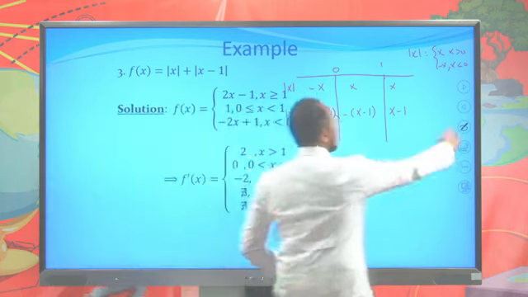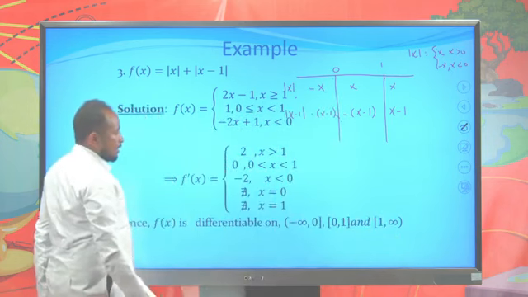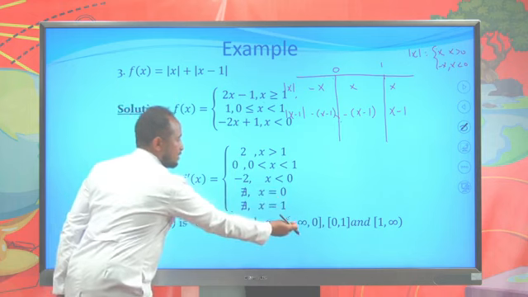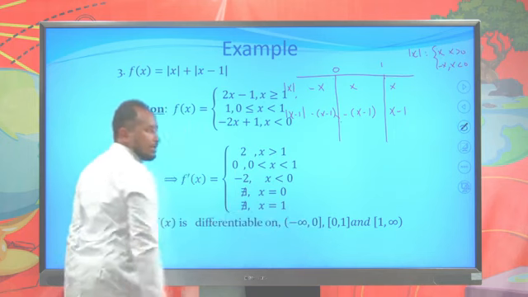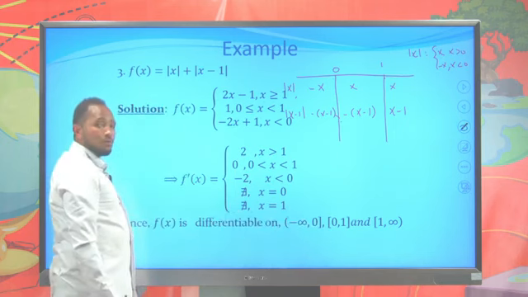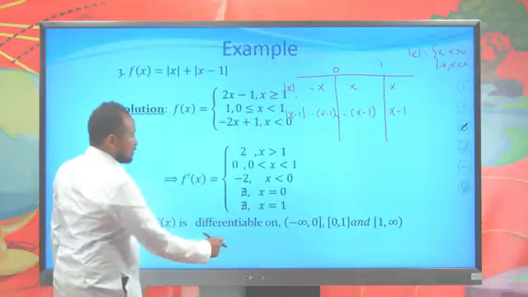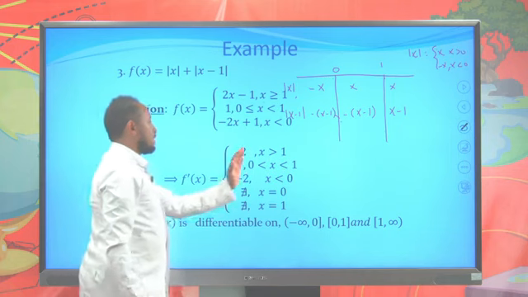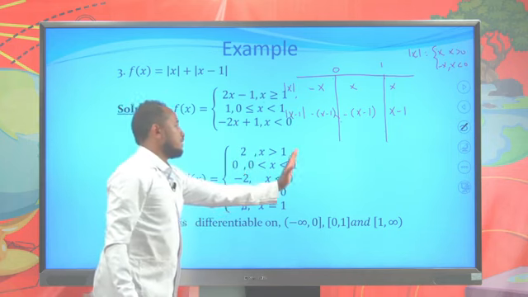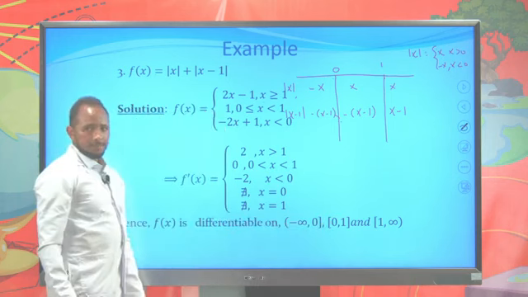This function is differentiable for x less than 0, from negative infinity up to 0. It is differentiable also from the left side of 0, so it is differentiable on negative infinity up to closed 0. Next, from 0 to 1, it's differentiable from the right side of 0 and from the left side of 1, so it is differentiable on closed interval 0 to 1.